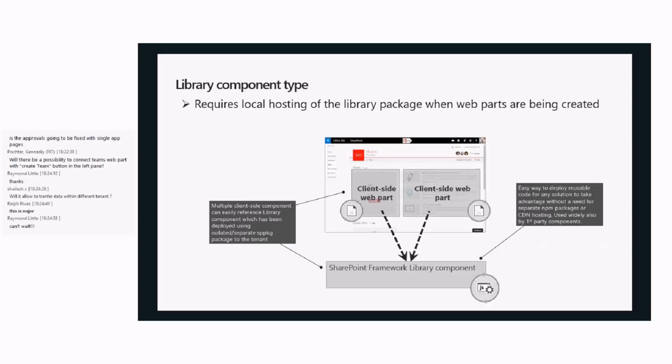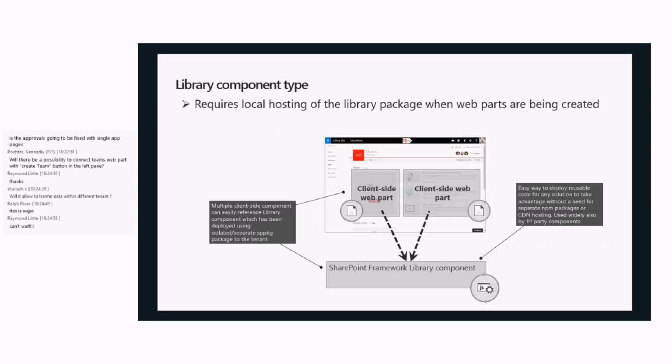Bundle size meaning that it will reduce the page loading time of the browser, which will then increase the performance of the page, because you don't have to actually include the same piece of code in both of the web parts. You can actually dynamically download the code which has been deployed on a tenant in runtime. And that's a really important and a cool functionality.